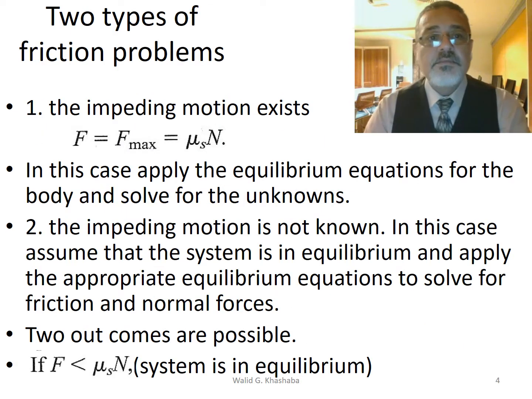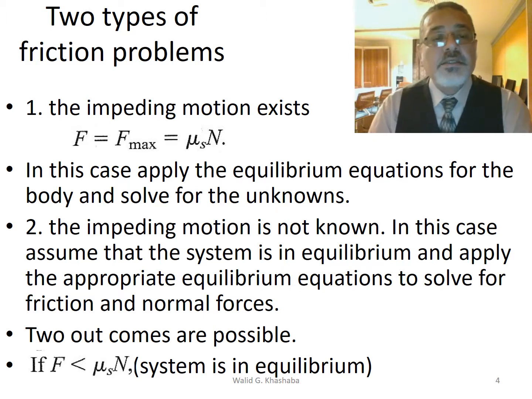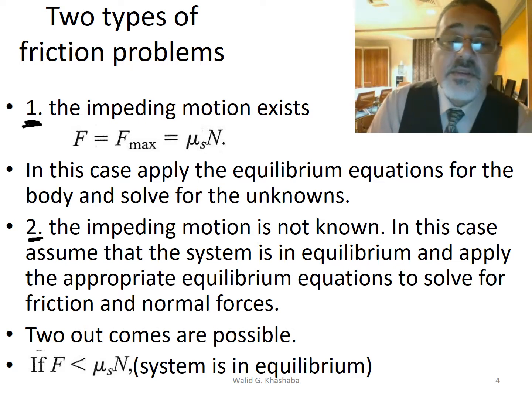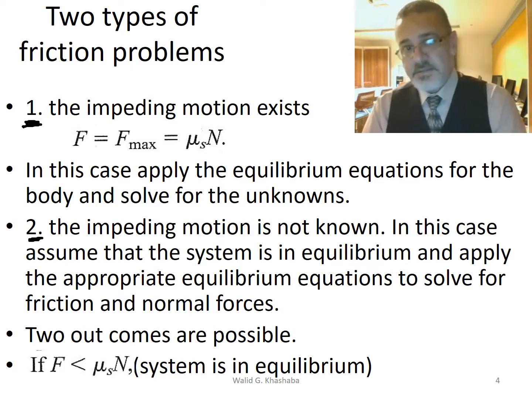Let's see some examples. First of all, we have two types of friction problems. The first type is where the impending motion exists.